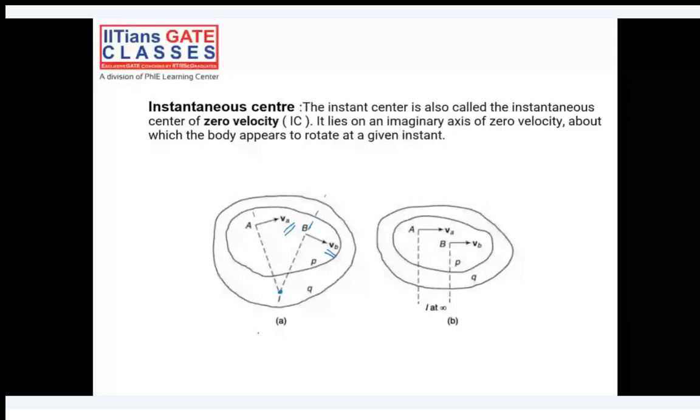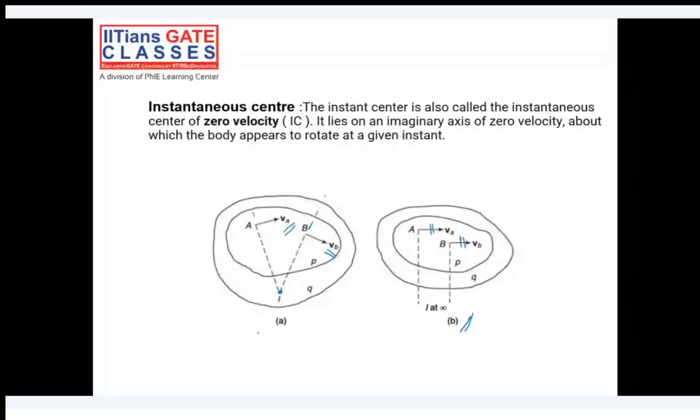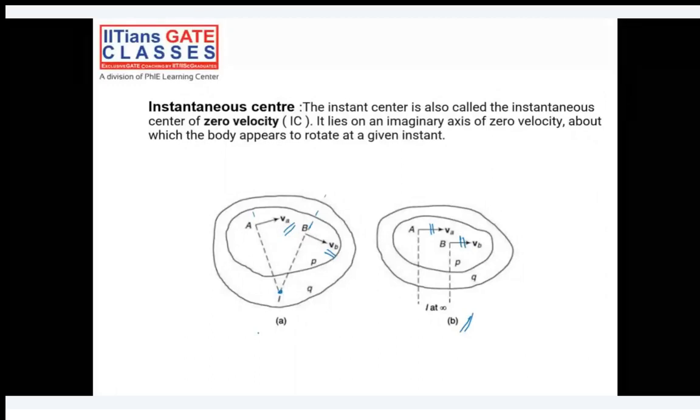In the second figure, figure B, we can clearly see the velocities at points A and B are in the same direction. They're parallel. These two velocities are parallel, hence their perpendiculars are also parallel. They will never meet, so we say they meet at infinity. So we'll say their instantaneous center will lie at infinity.